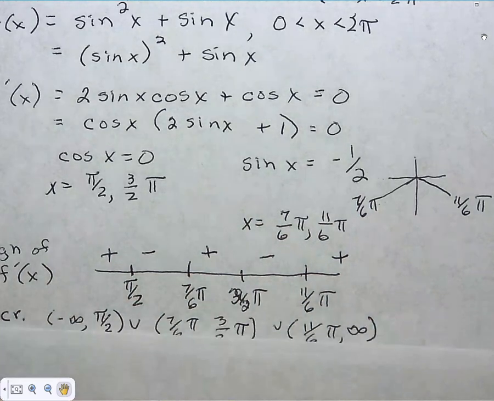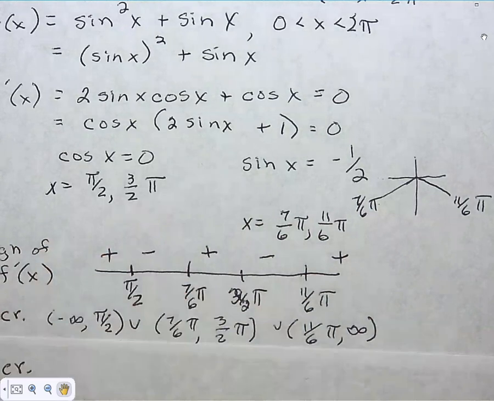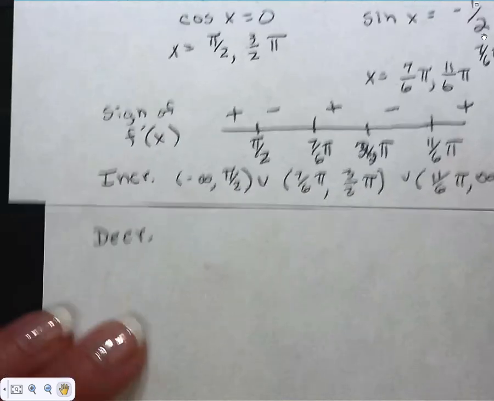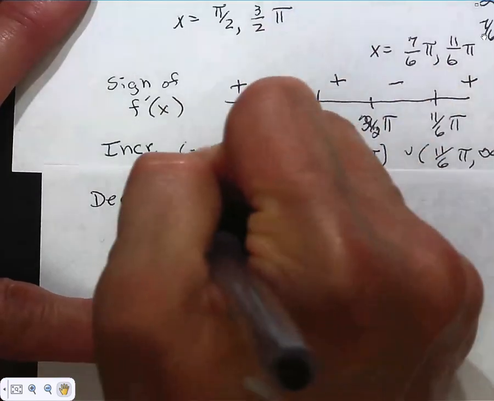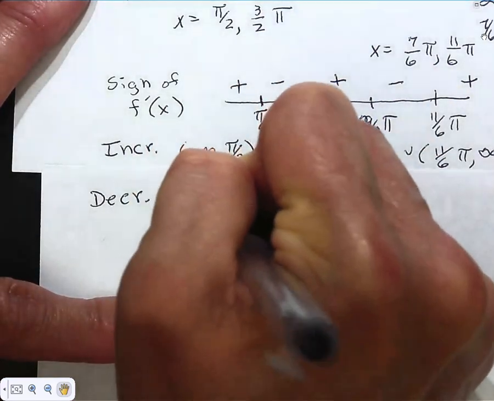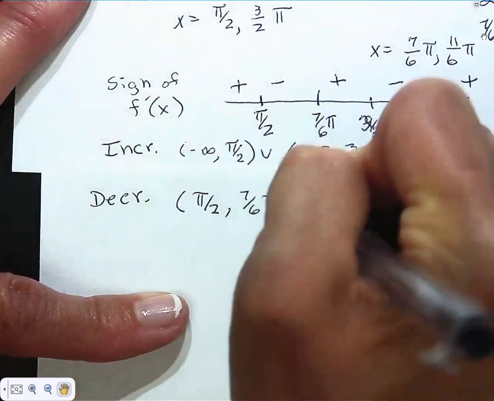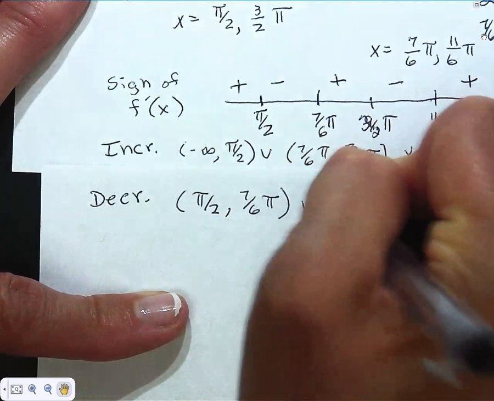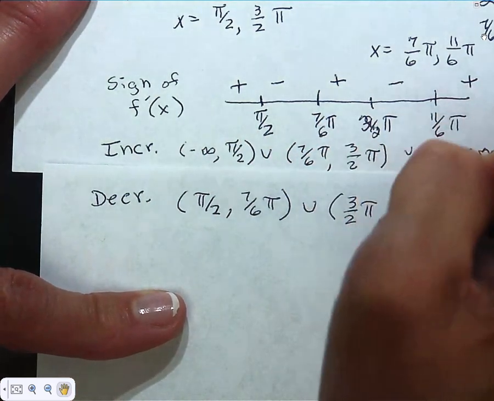And then it's decreasing everywhere else. Decreasing from pi over 2 to 7/6 pi, and from 3/2 pi to 11/6 pi.